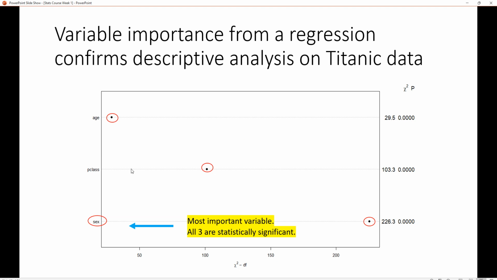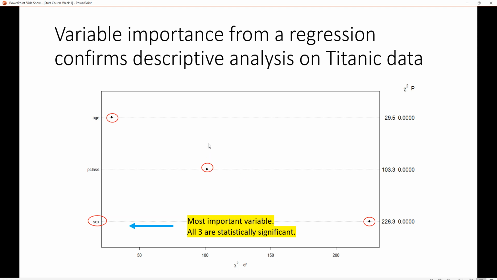But if you were to rank which one had the biggest impact, it was probably the sex variable. That was a pretty good indicator of a passenger's survival, and we see that this red circle on the right gives us an idea of how much more important it was than the other predictors.